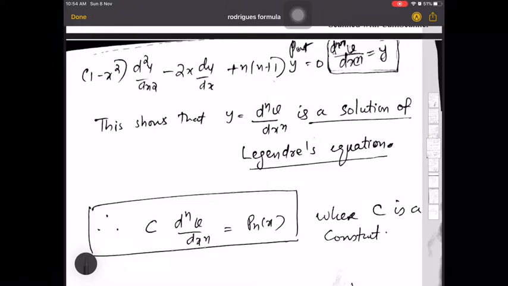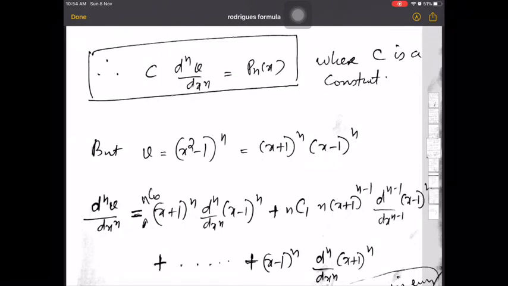Because we know this is the Legendre differential equation and its solution is Pn of x. So this y, which is d raised to n v by dx raised to n, can be written equal to Pn of x, or we write this as c times d raised to n v by dx raised to n, where c is a constant that we later determine.